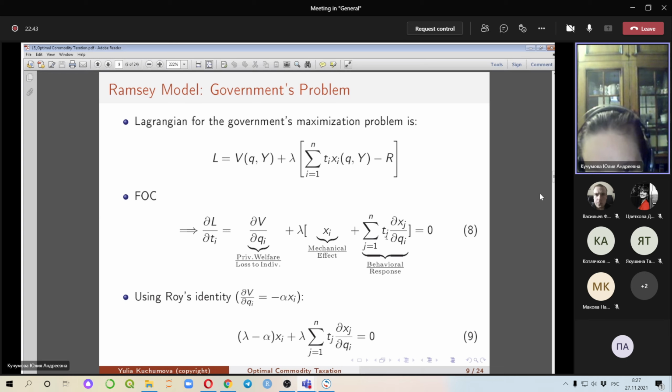So there are three terms, right? The first term is about caring for welfare, and the two other terms are about caring about tax revenue, both the mechanical effect and the behavioral response effect. This is the effect on the tax revenue.